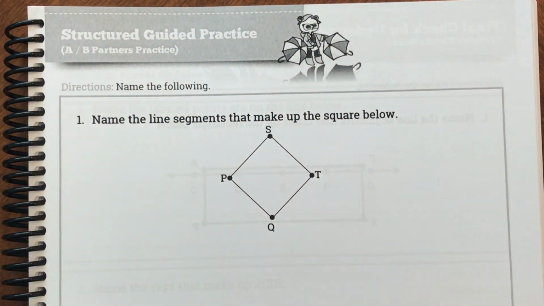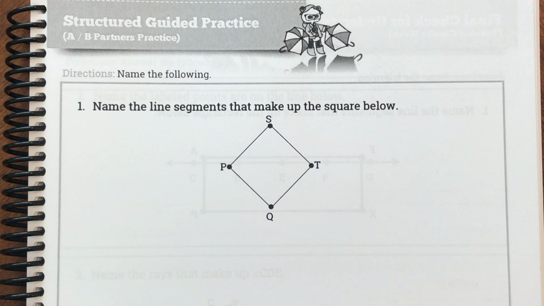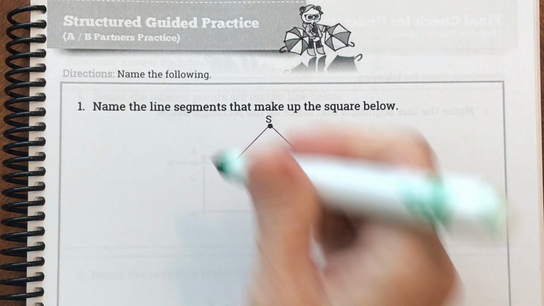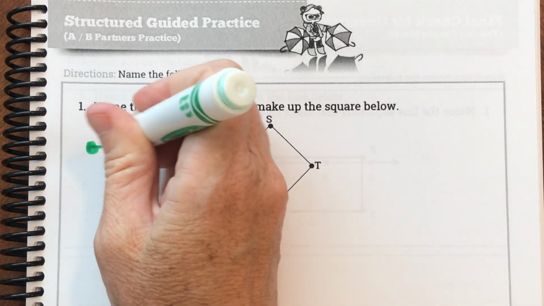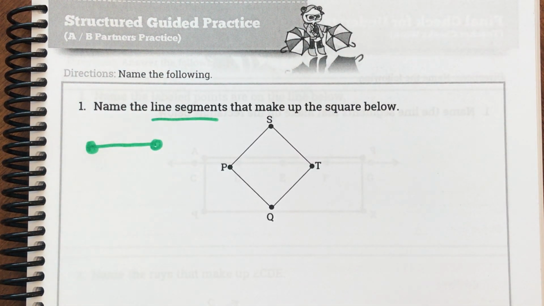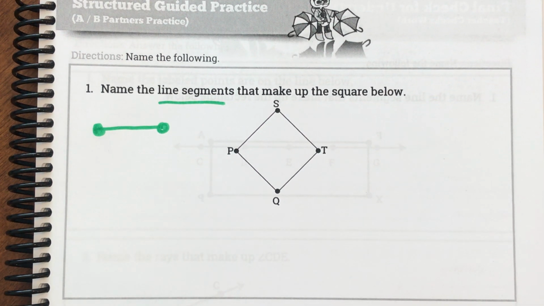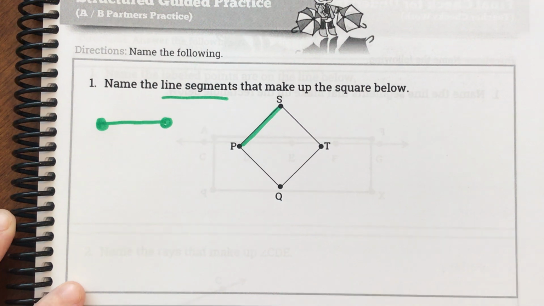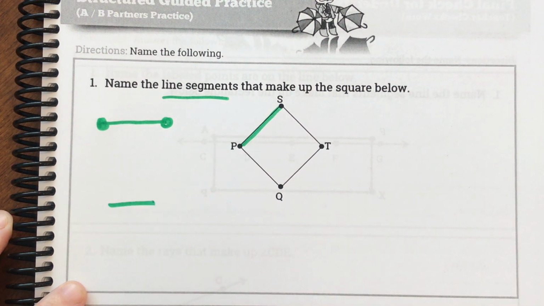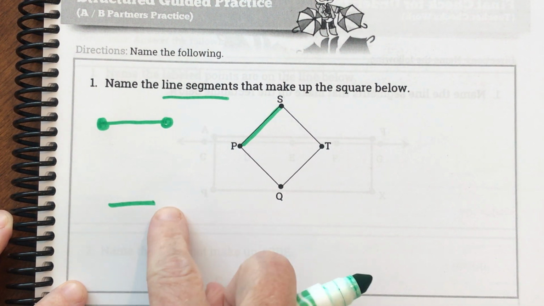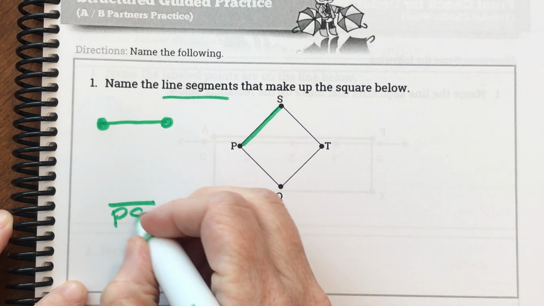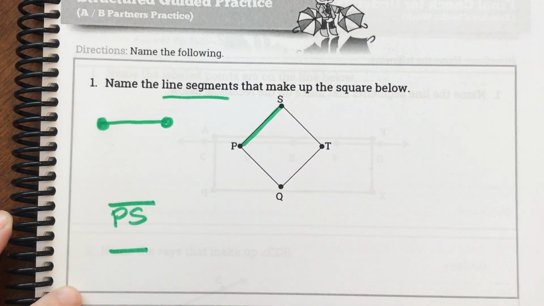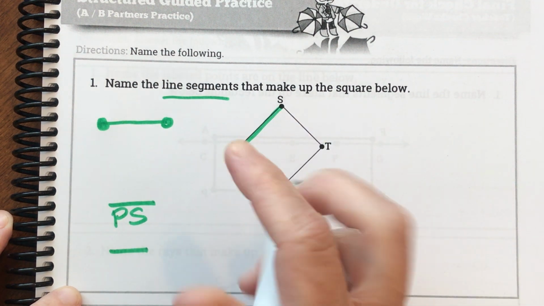We are on page 160. And it says, name the line segments that make up the square below. Okay, so remember, line segments are 2 endpoints. That's what I'm looking for. Okay, so we have this line segment right here. So when I write that, my notation just is this. So notation, line segment PS, or we could have called that line segment SP.